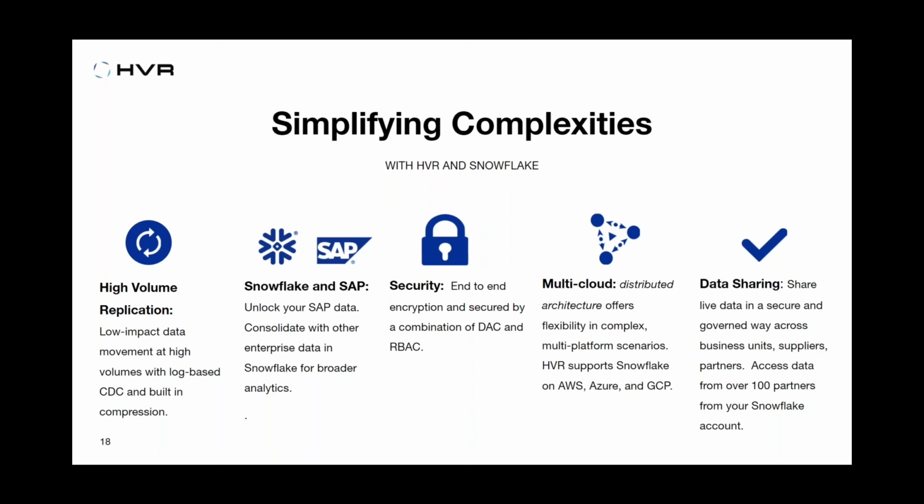We can do end-to-end encryption. Our agent-based deployment, if you choose to go that way, allows you to have only a single hole in your firewall to move data through, no matter how many sources and targets you have. HVR takes care of that communication across that single open port in the firewall, and it's encrypted end to end, especially when we're going to places like Snowflake.